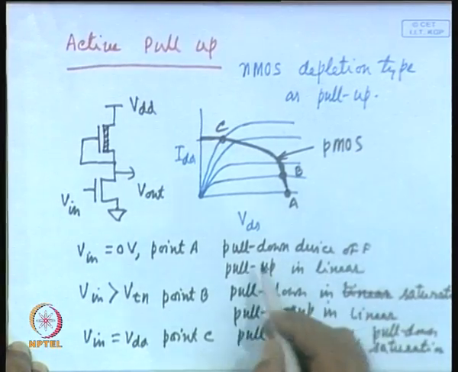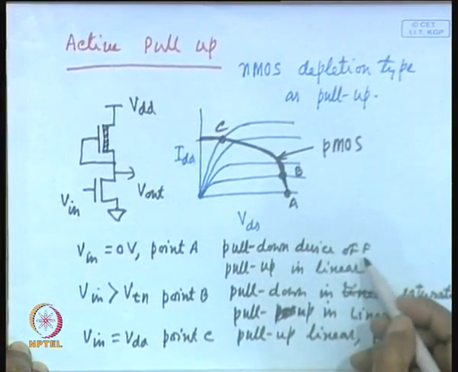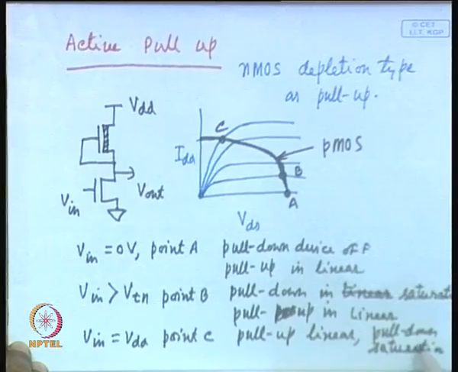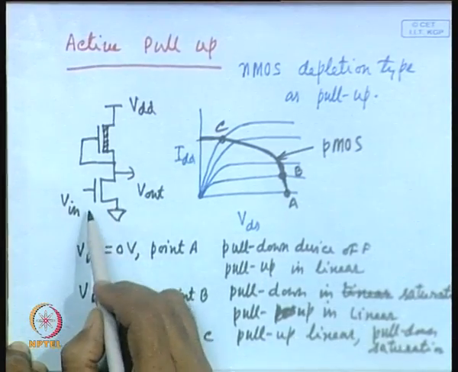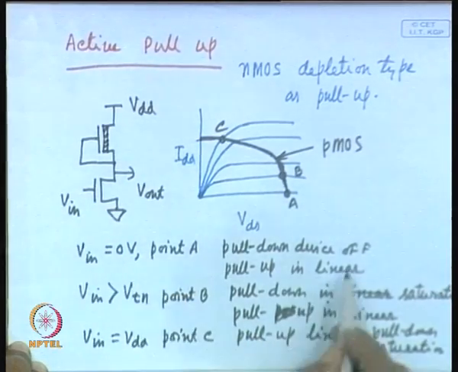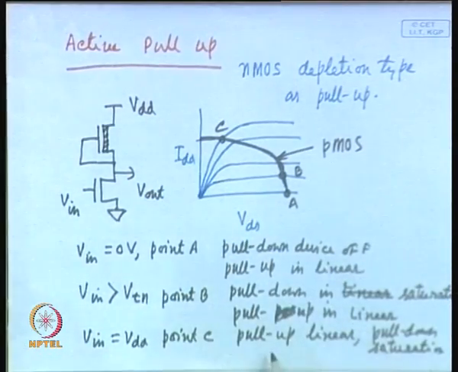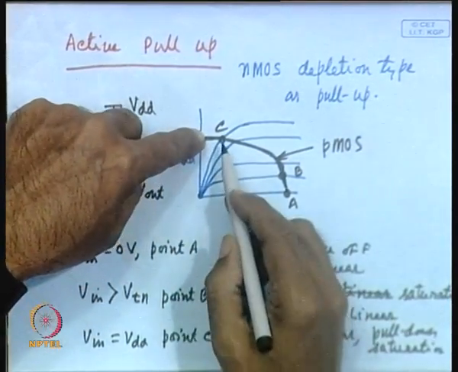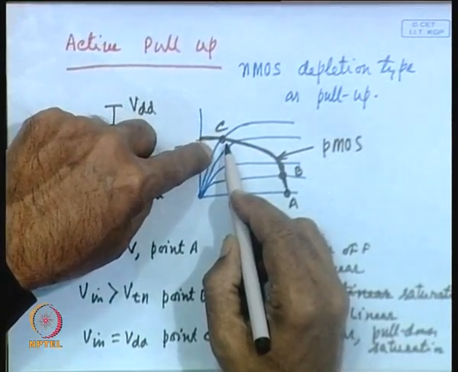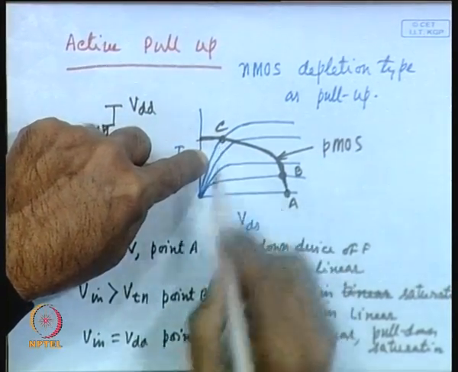So, the pull down device switches from off to linear, off to saturation, sorry, so the pull down device switches from off to saturation. No, I have written wrongly. Pull up is this one linear, and pull down is linear.